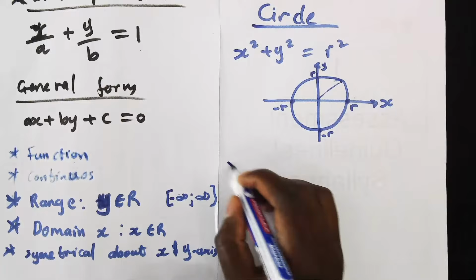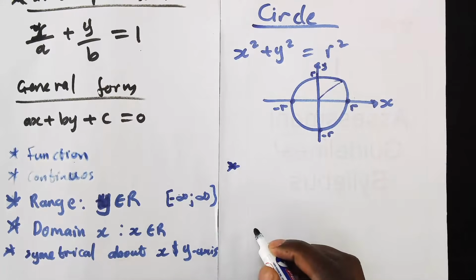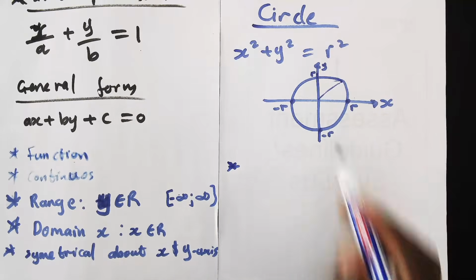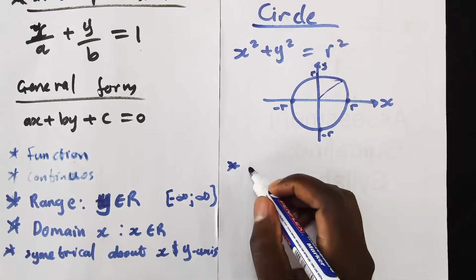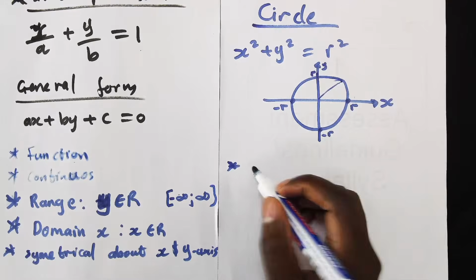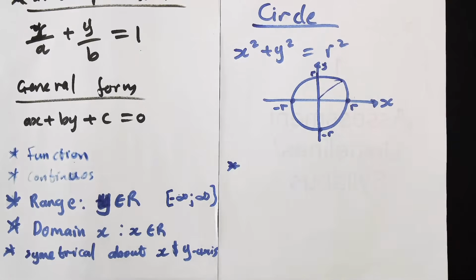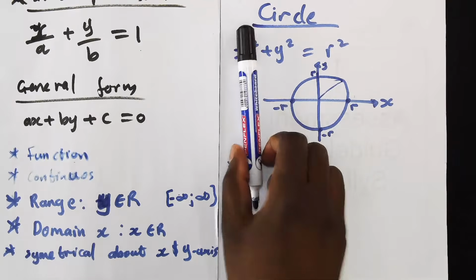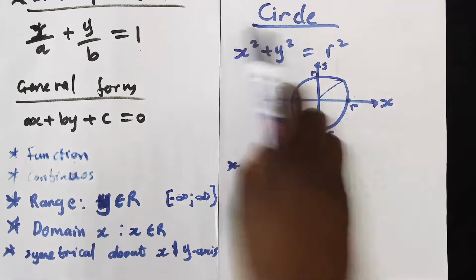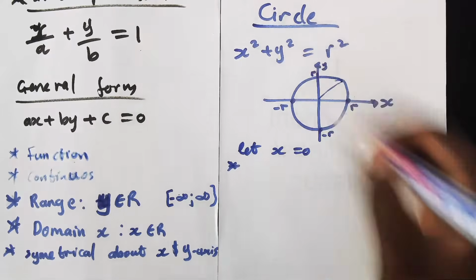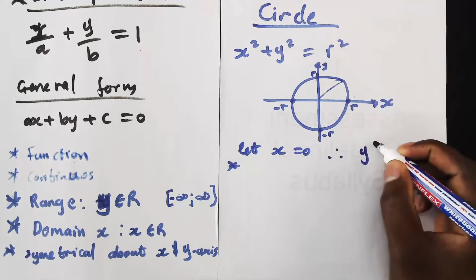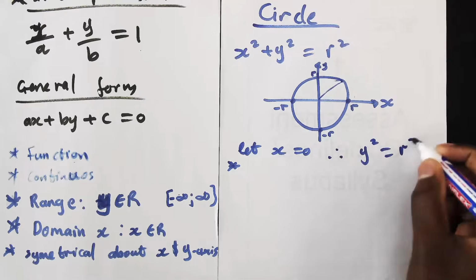So we want to quickly answer the questions. Is this a function or a relation? It's a relation. Why? Because if we let x equal 0, from the equation, y squared is equal to r squared.